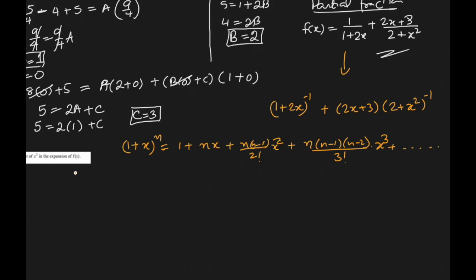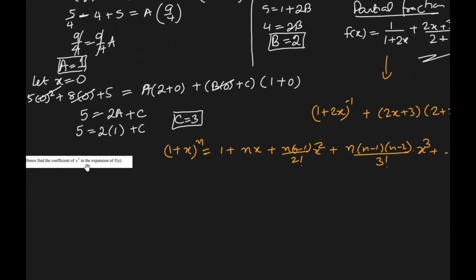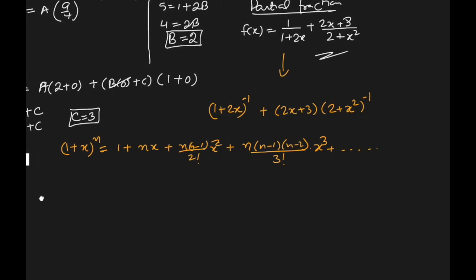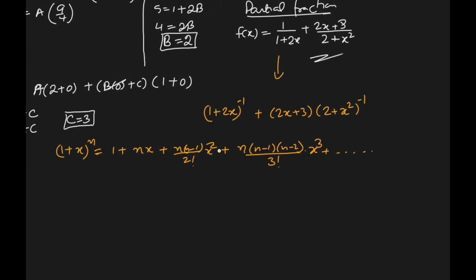Since we have to focus on the coefficient of x cube, I will focus on only x cube. Alright. So in this expansion, what will I get? I get x cube here because it is perfectly matching with this. Only thing is that in place of x we have 2x. So I'll focus on this. So let me find the expansion of this, only this term, no one else.